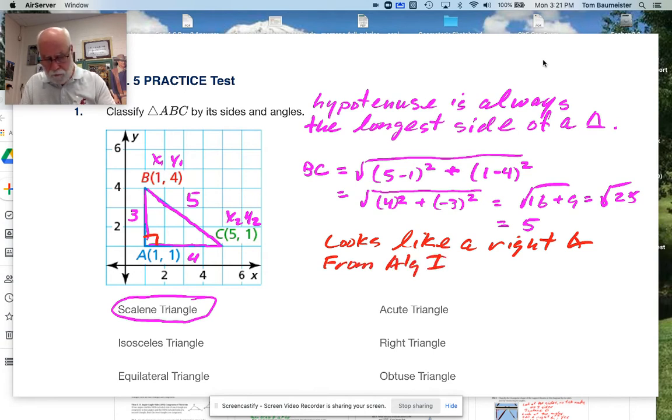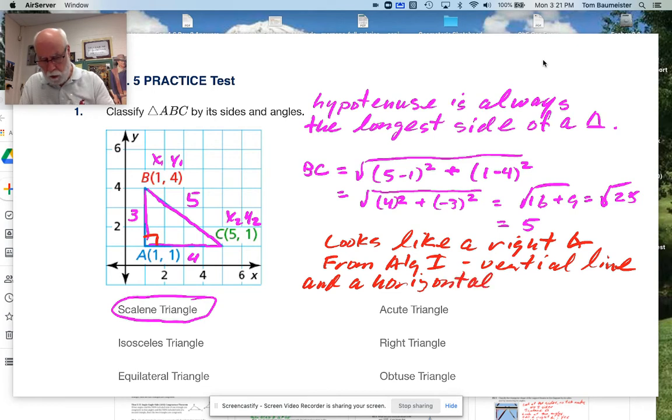you know that a vertical line and a horizontal line are perpendicular.